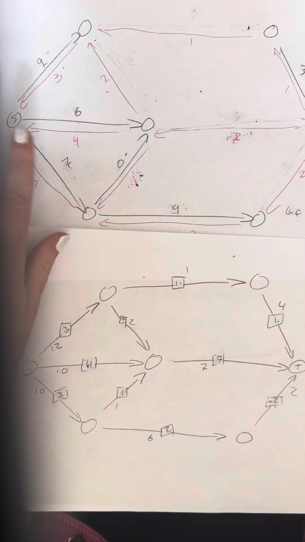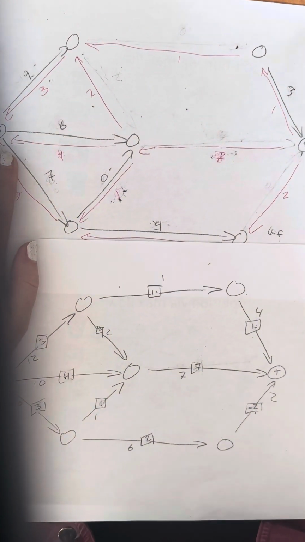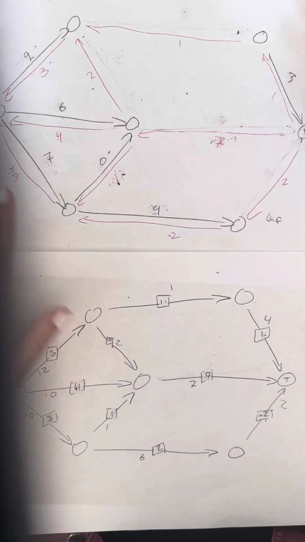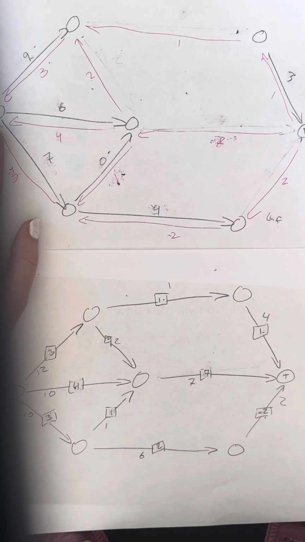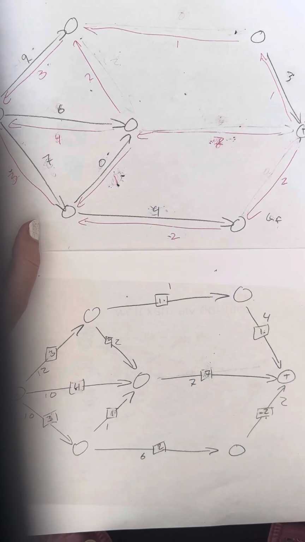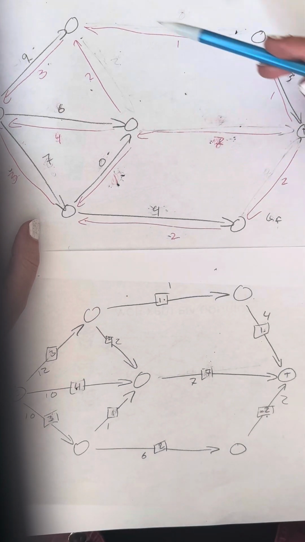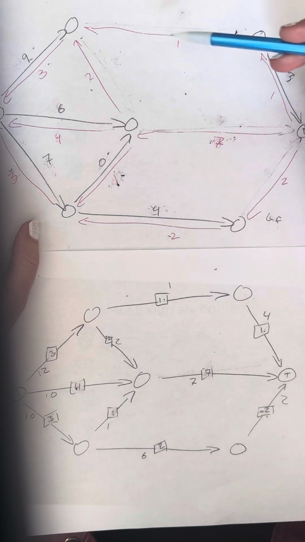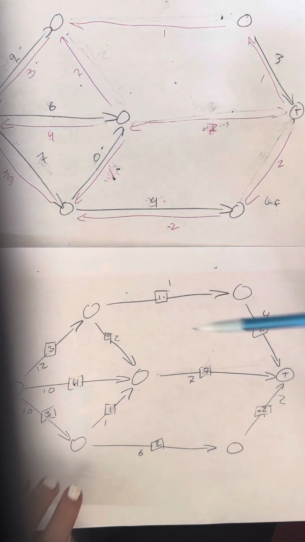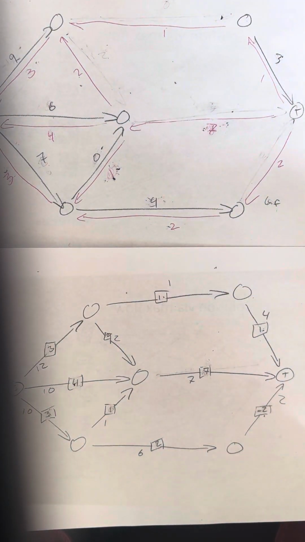Okay, and now at this point, I have no more paths to T, and so I've got 7 here, I've got 2 there. I could potentially do 3 more along this one, but there's no way to get to this node because this one is full up. And so I think I am finished, and I have found the maximum flow of this particular graph.